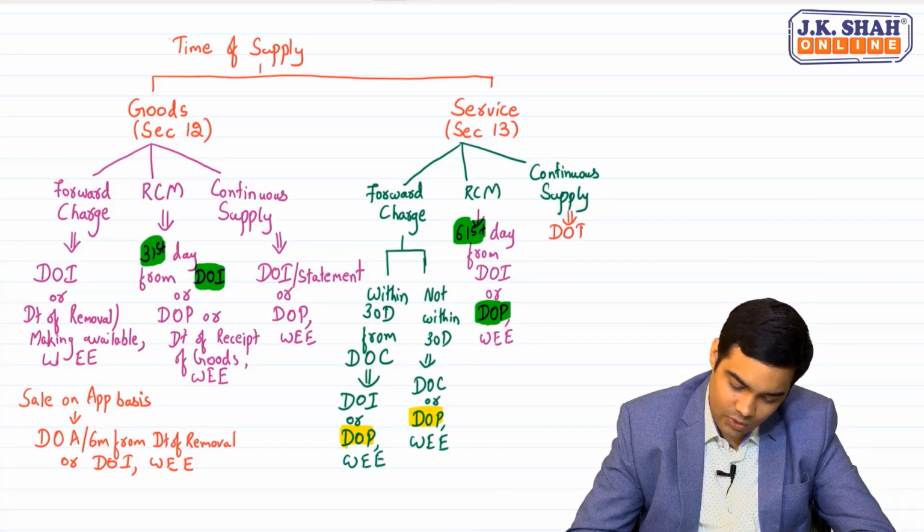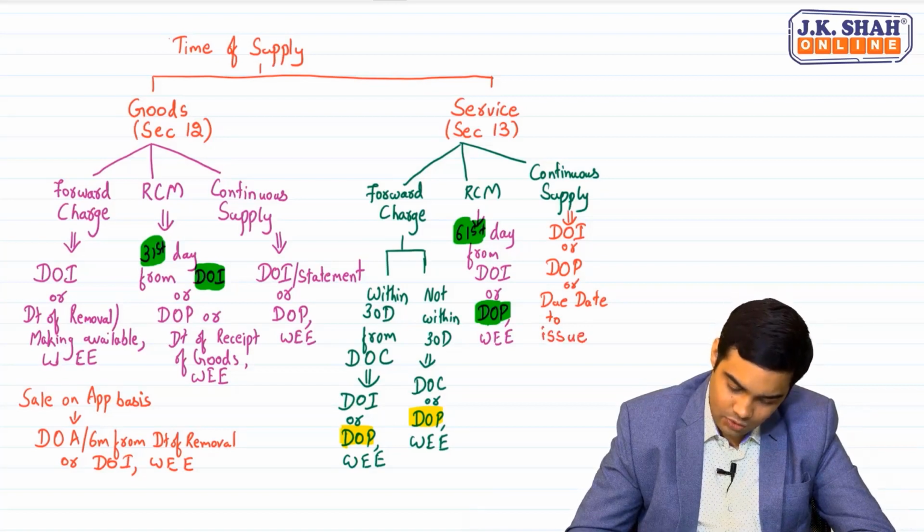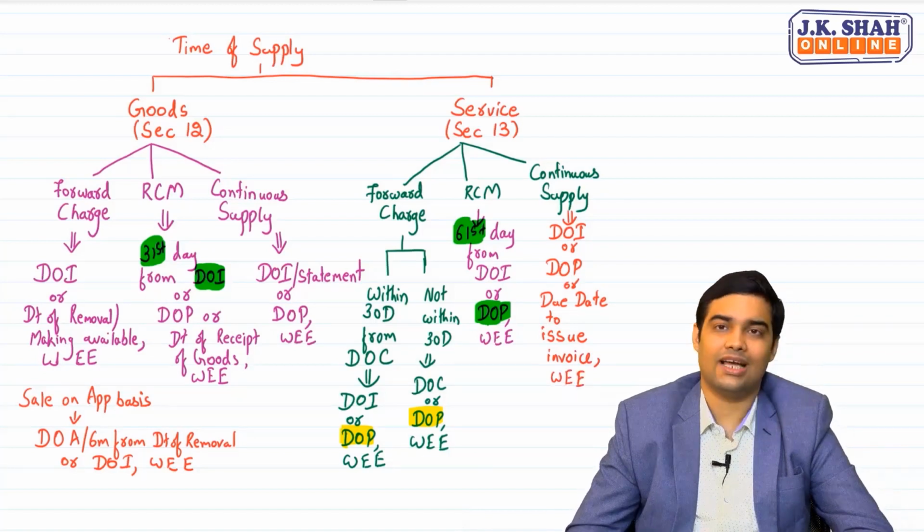Okay. Continuous supply of service: date of invoice or date of payment or due date to issue invoice. Now what is this due date to issue invoice? See, if you notice, government is using an extra date compared to the normal time of supply.